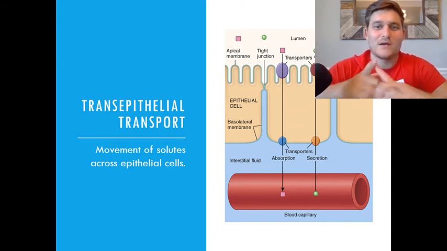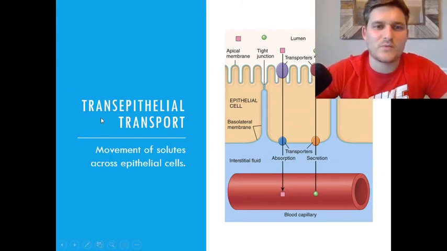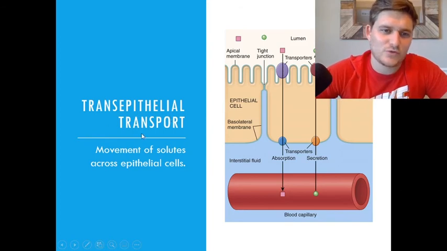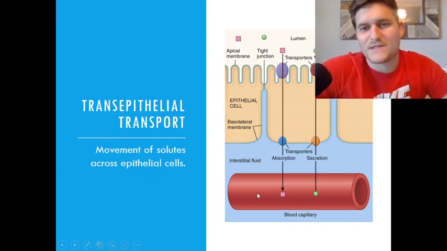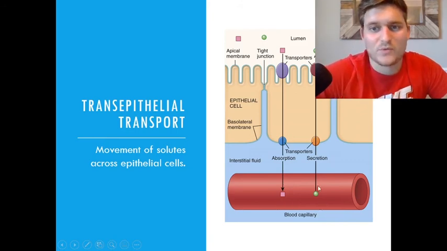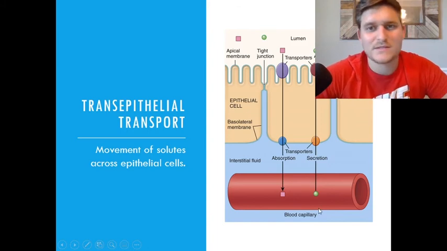If you think about sweating, materials inside of your bloodstream, the blood plasma and the electrolytes within your blood, are transported across the skin, and we call that transepithelial transport, where movement of solutes occurs across epithelial cells. In that example, you are secreting out a certain amount of plasma and ions, and that comes out as a form of sweat.